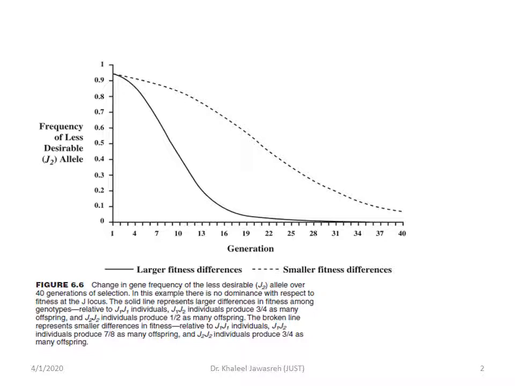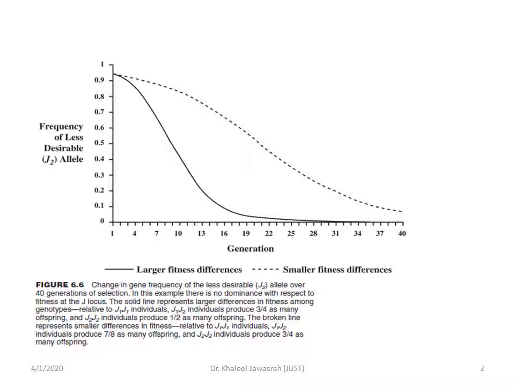It means that J1 is 0.05, near zero frequency. We can see the change in gene frequency of the less favorable allele over 40 generations of selection. In this example, there is no dominance with respect to fitness at the J locus.